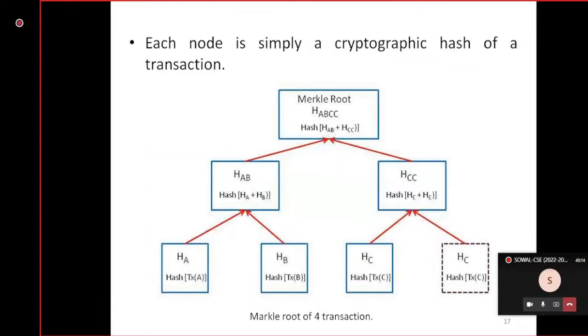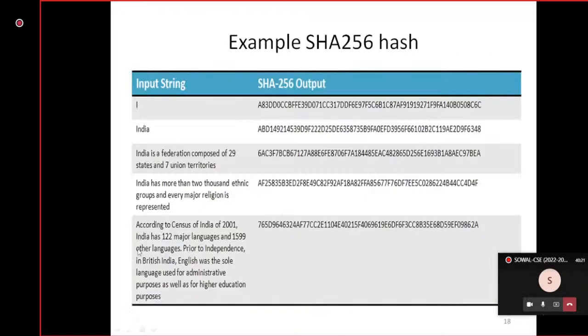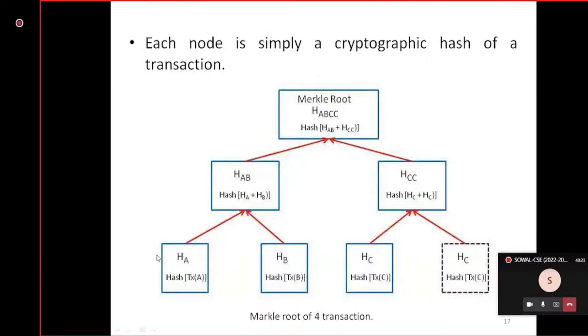This is an example of computing the Merkle root. Suppose there are three transactions. In the first level, we compute the hash of the first transaction, the hash of the second transaction, then the hash of the third transaction.